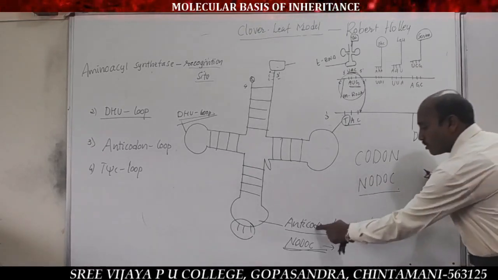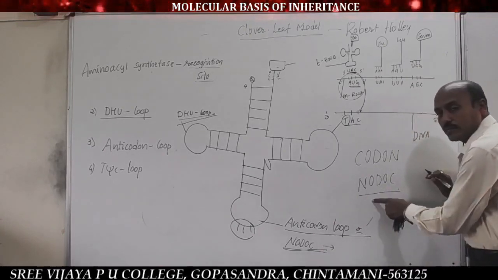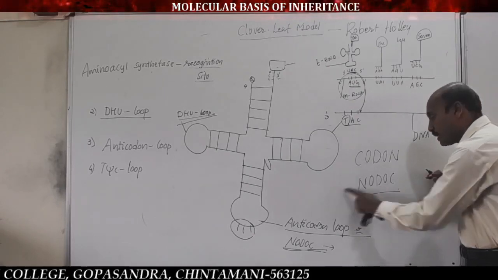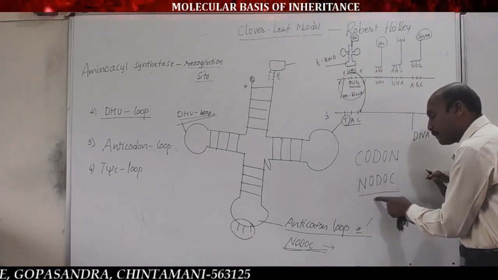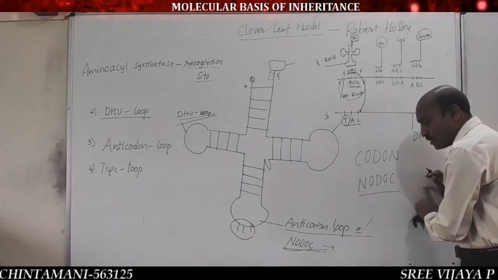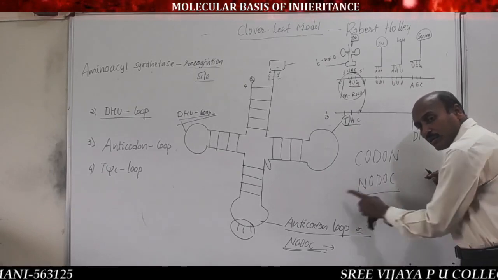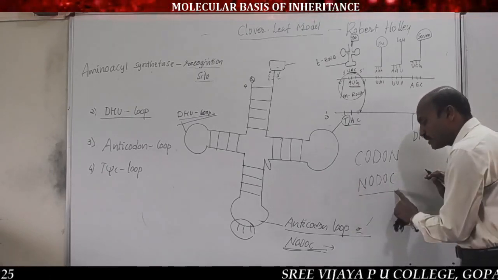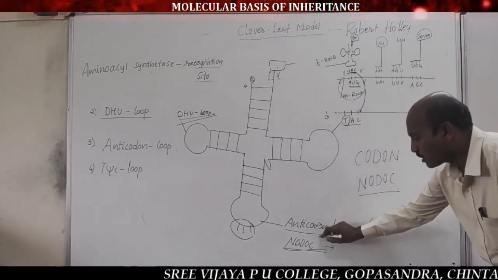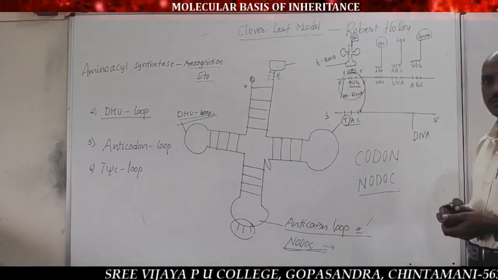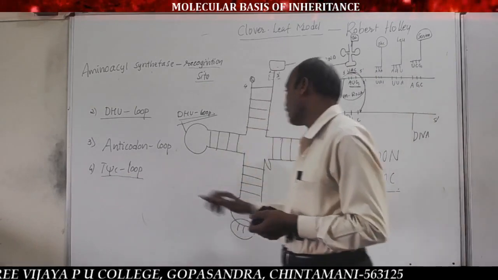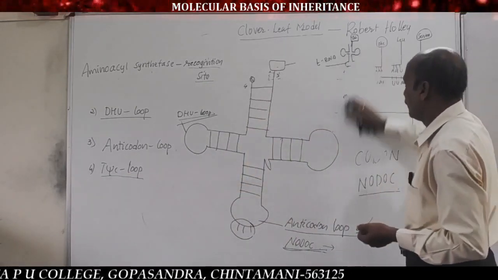That's why the anticodon loop is also called the nodoc region. This is the third part of tRNA. Then next to the anticodon loop, the T-psi-C loop.